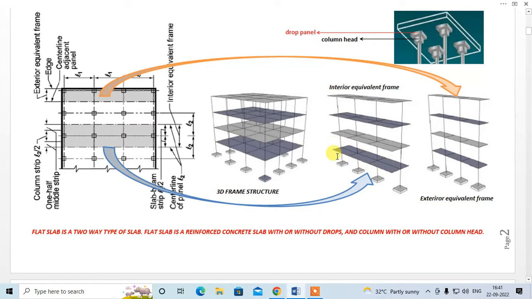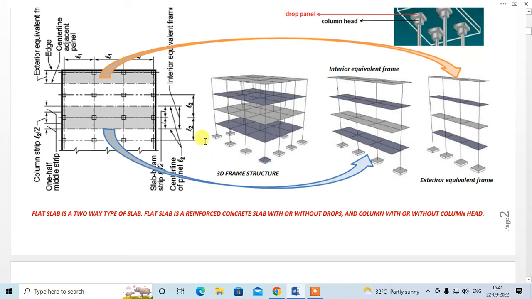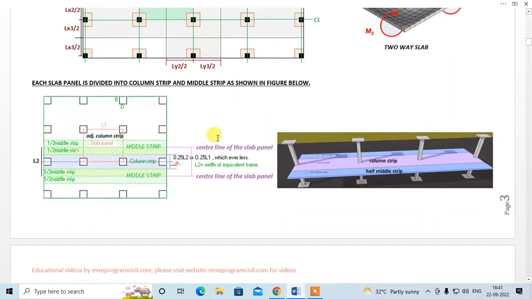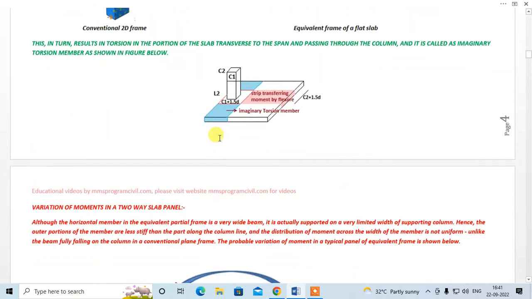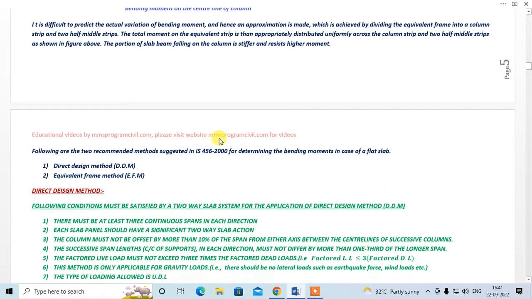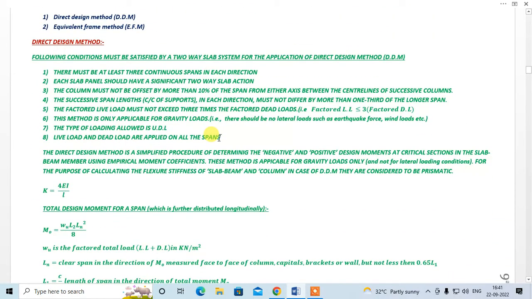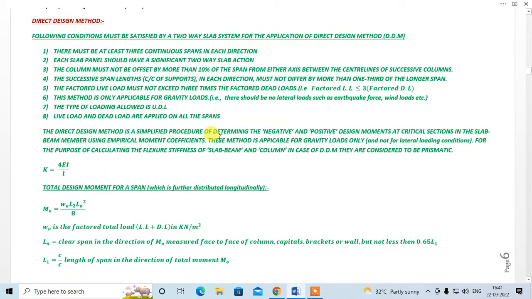So there are chances that you will not get the actual critical positive moment. For that, the code has suggested a factor beta C, which we will see in detail as we move further. These are some important limitations that must be fulfilled when you are using DDM.